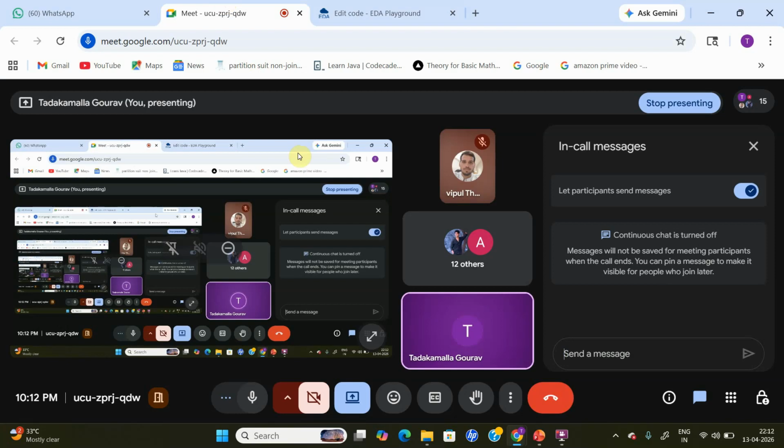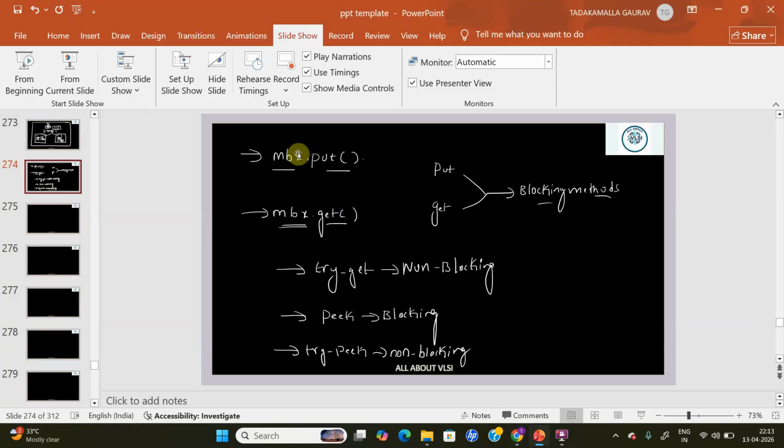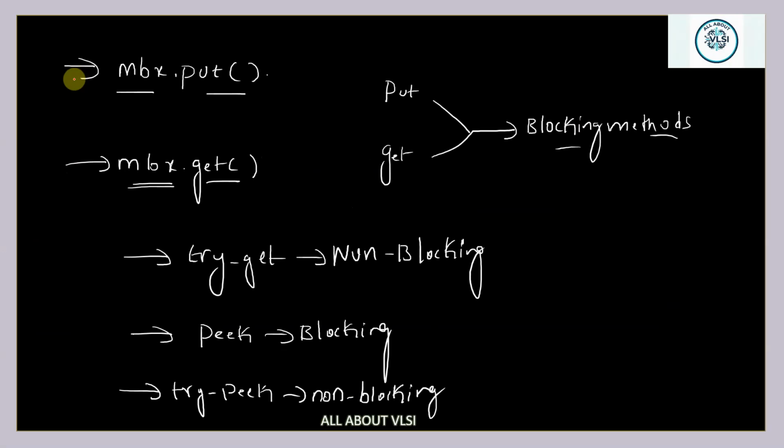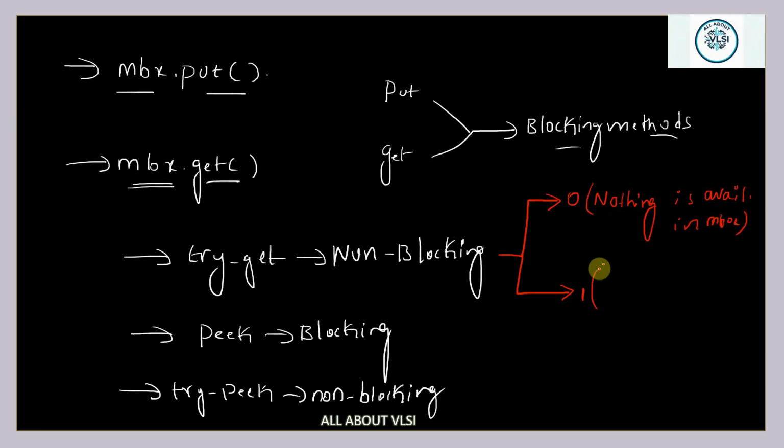Okay. Now, this try_get is a non-blocking method as we have discussed. And one more point over here is try_get is going to return you a value, since it's a function, right? It is going to return 0 if there is no data available in the mailbox, nothing available in the mailbox, and it is going to return 1 if it is able to successfully retrieve the data from the mailbox.